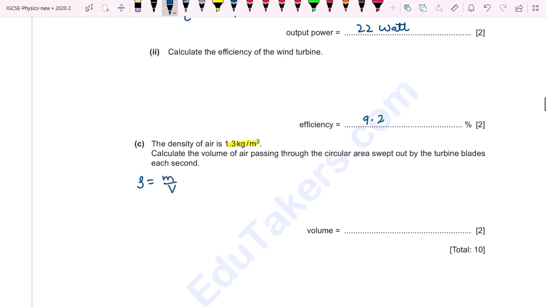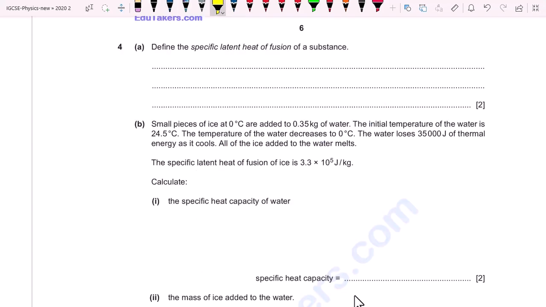We have to calculate volume, so I write V is equal to m divided by rho. Mass is already given in the question, that is equal to 7.5 and density is 1.3. So I get 5.8 meter cube. So volume will be equal to 5.8 meter cube.